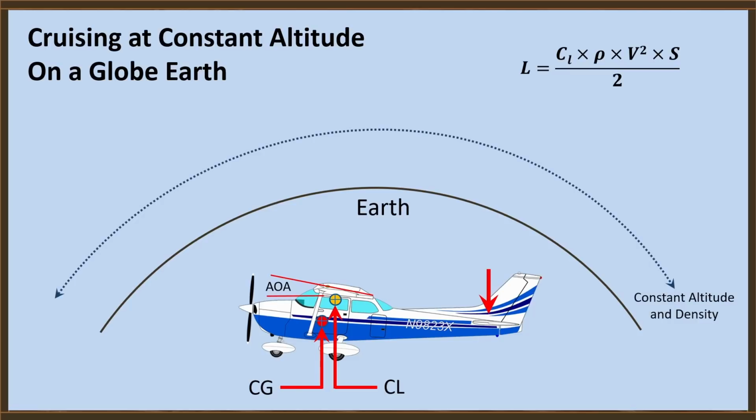Now let's put in our constant altitude, but this time that is a specific air density. Remember that lift is directly proportional to that air density. So if the airplane tries to climb, the air density is going to go down and the lift is going to go down. And the airplane is going to go down. And the reverse happens if you try to descend.